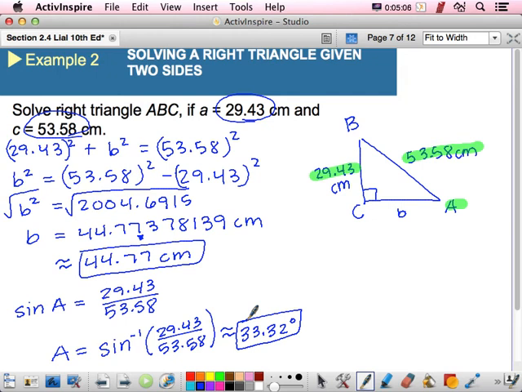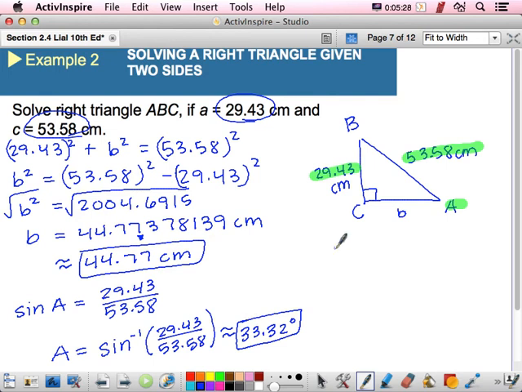Okay, that's capital A. Now I need to find capital B, and there are two ways to do it. I can redo SOHCAHTOA, or what do the angles have to add to? 90 minus the second answer. Does that make sense? You guys understand that? But you have to use the unrounded answer. So you have to be really careful with that.